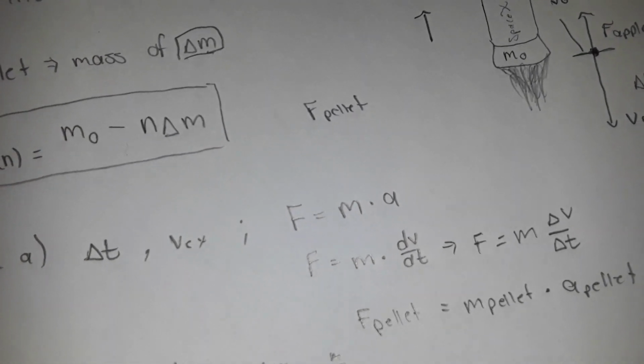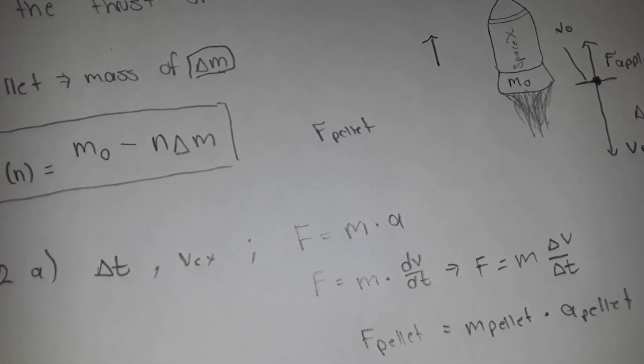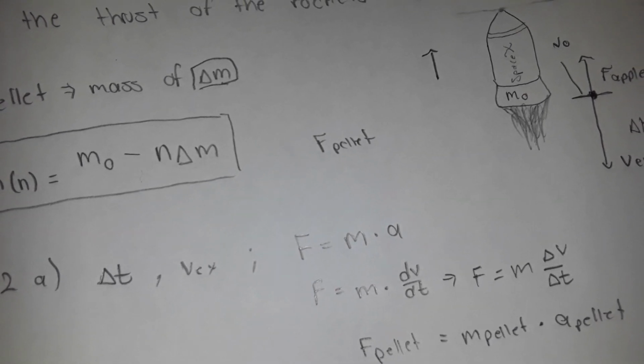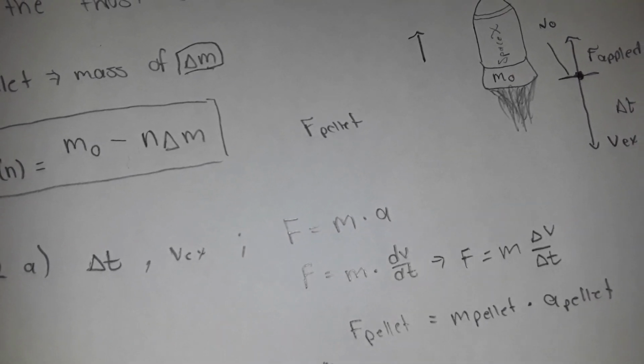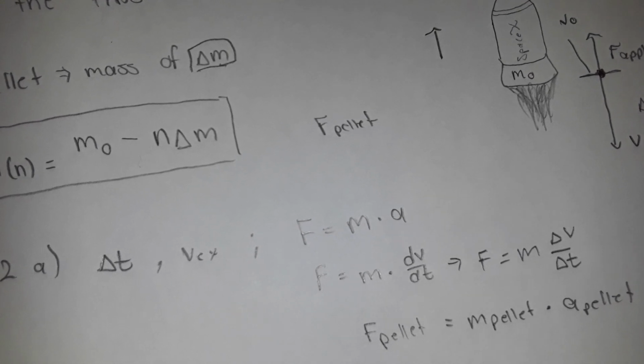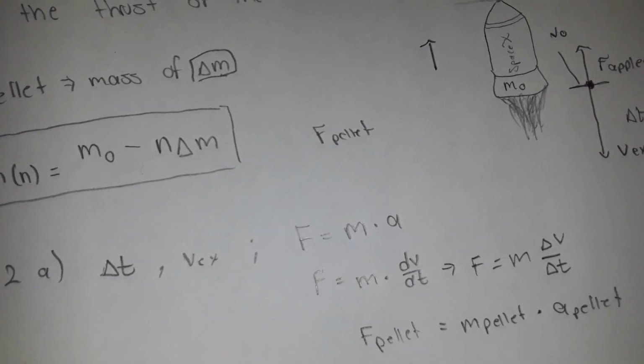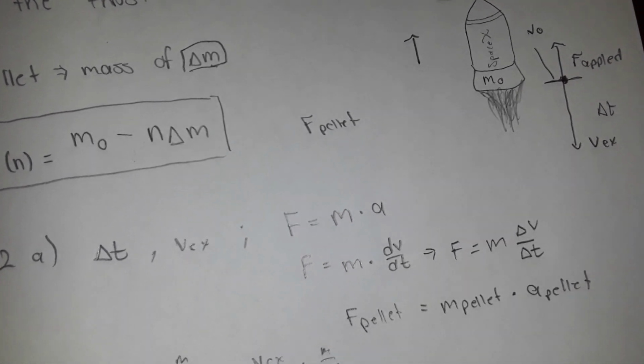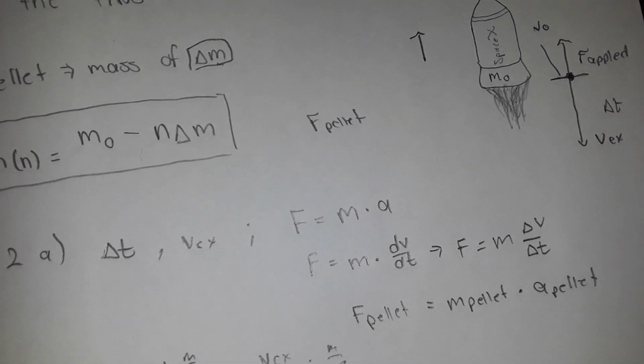By considering the limiting case of delta m and delta t approaching 0, which we would interpret as the rocket's burning fuel continuously, calculate the thrust for the values given above.